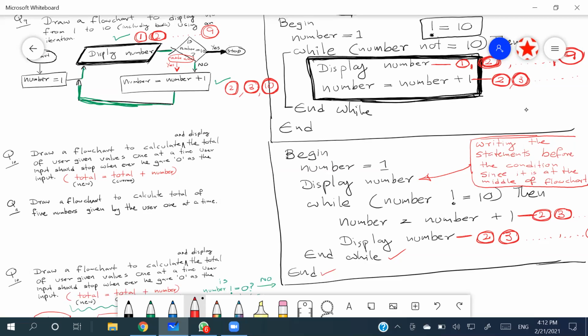Write the statement before the condition. Since the condition is in the middle of the flow chart, it's better you say "since condition at the middle of the flow chart."